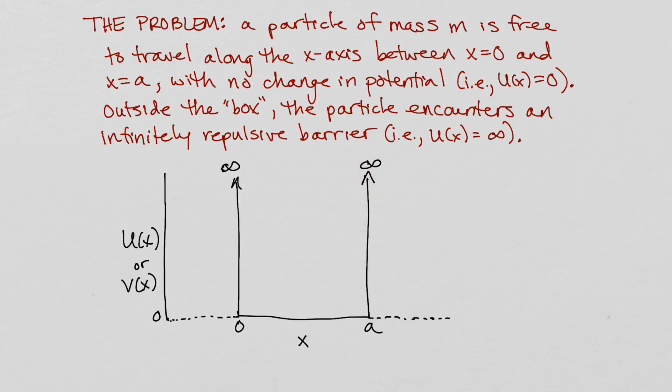Picture yourself inside of a room that has infinite walls. Would you ever be able to escape that room? No, right? There's no way you can possibly jump over an infinitely high wall. So that's essentially the problem we're setting up here: a particle that's stuck in a box with infinite potential walls.